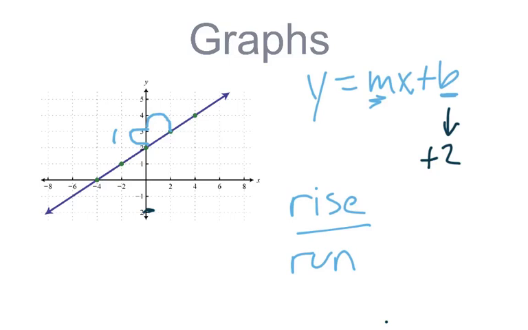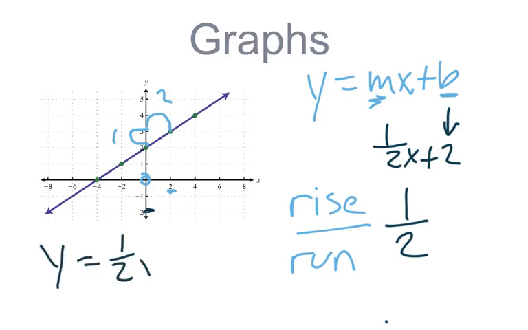But if we look at our graph, this is 0, and we ended at 2. Because our graph is numbered by 2s, something to notice is that we actually moved by 2. One hop, but on our graph, that's going to be 2 points. So we rose 1, ran 2. I'm just going to plug that in. We rose 1, ran 2. So our slope would be 1/2. So to rewrite this, our equation would be y equals 1/2 x plus 2.